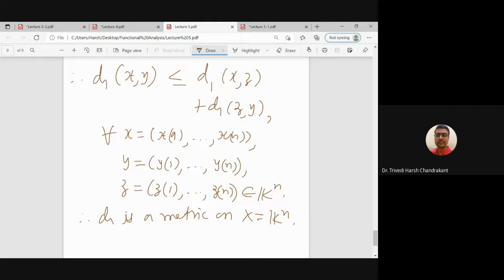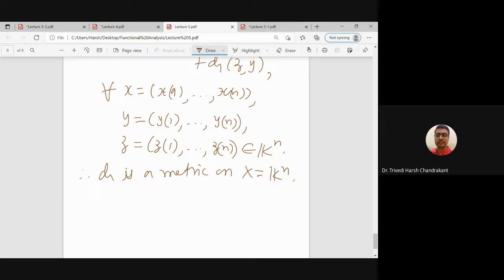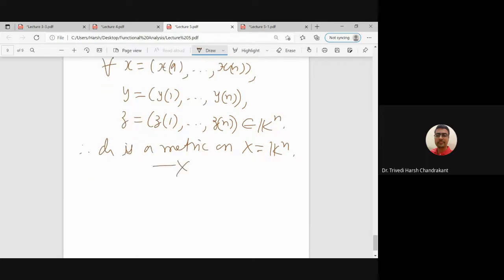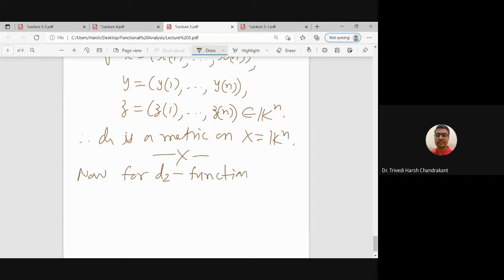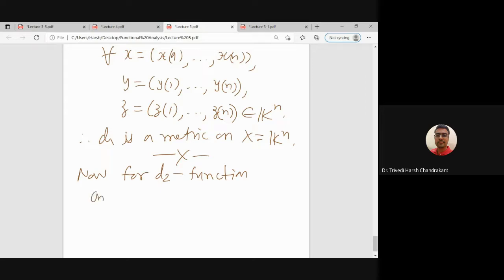For the d2 metric, let us consider the notation.